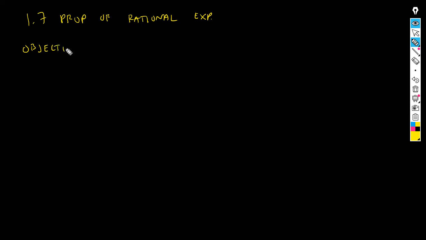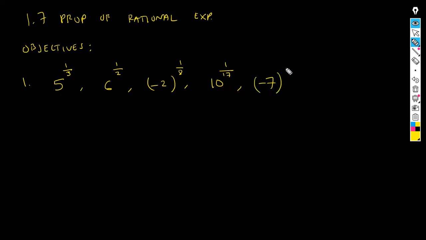At the end of this class, I want you to understand and be able to calculate two things. The first is I want you to understand what something like this means. When we raise a number to a fractional exponent, like for example 1/3, or another number to the 1/2, or another number to the 1/8, or another number to the 1/17, or another number -7 to the 1/100, and so on.